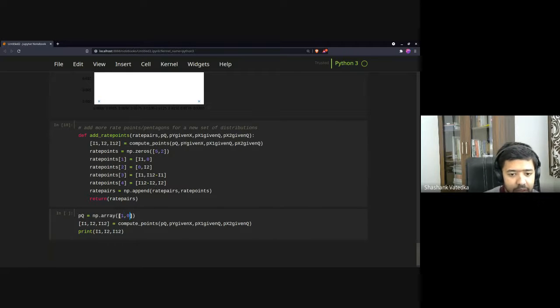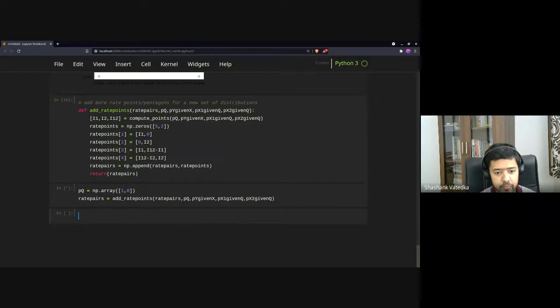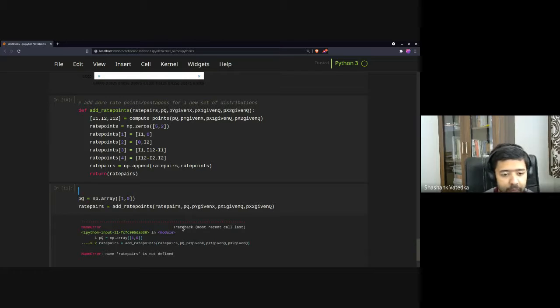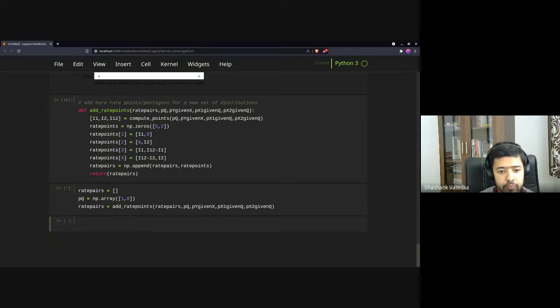Let me compute another. I haven't defined rate pairs yet.